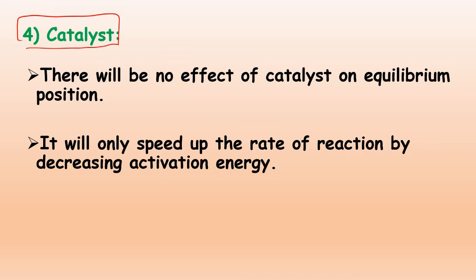What is the main function of the catalyst in a chemical reaction? It only alters the rate of the reaction, meaning it may speed up the reaction, or decrease the speed of the reaction if the reaction is very fast, right? It will only speed up the chemical reaction by decreasing the activation energy.